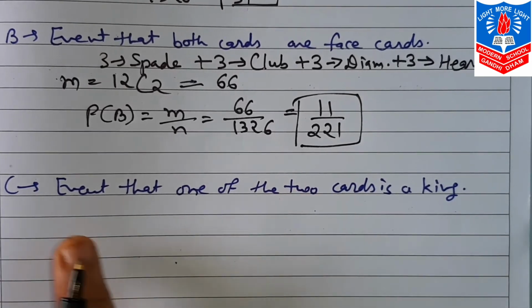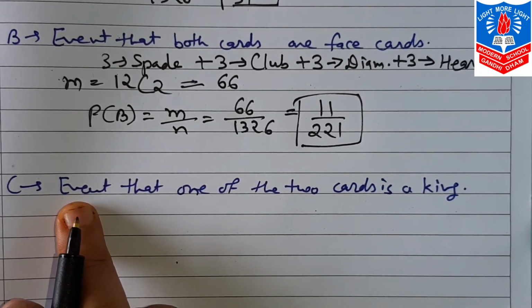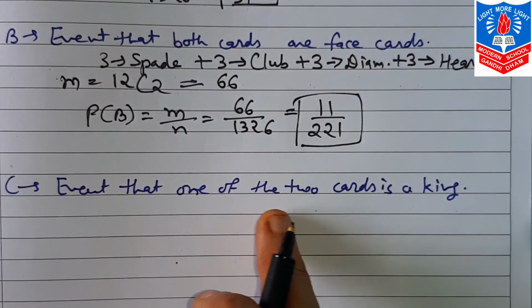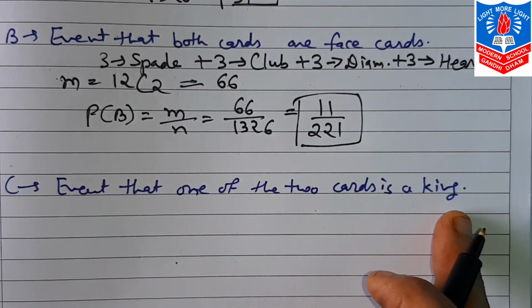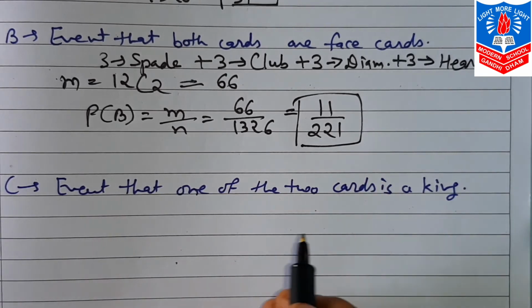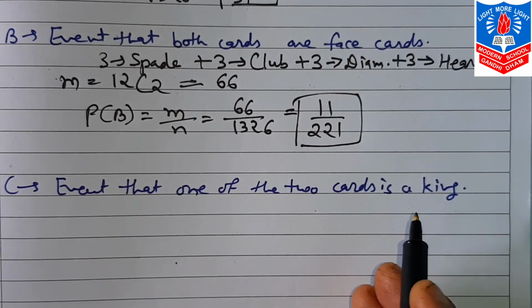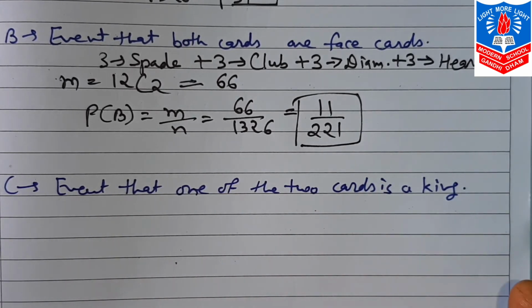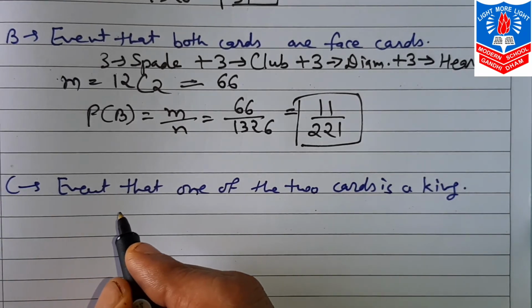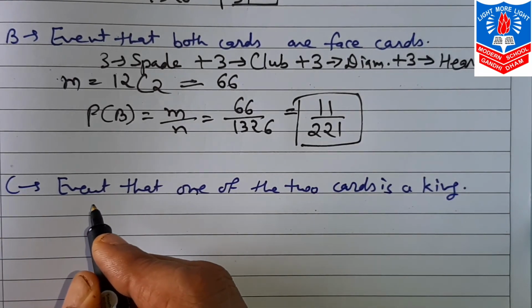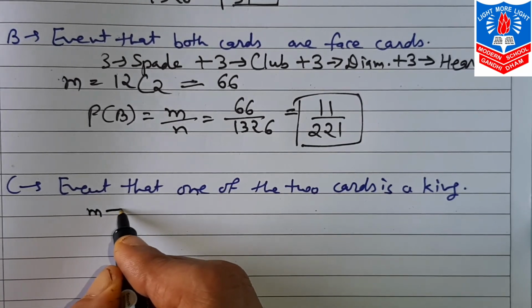Now last, C we assume, that is what? One of the 2 cards is a king. Now from these two cards, one card is king and another card is from the rest of the cards. Now see here, M will be for this.